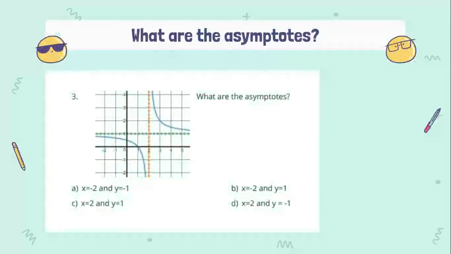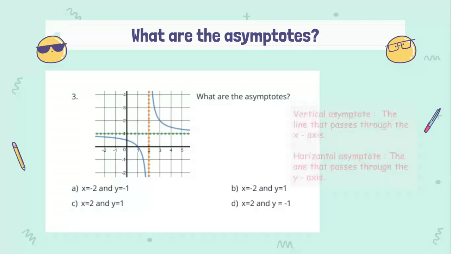What are the asymptotes? As you can see in this question, a graph is given. That means that we need to find the asymptotes from the graph. Always note that the vertical asymptote is an x value, and it's always the line that passes through the x-axis. And the horizontal asymptote is actually the opposite.